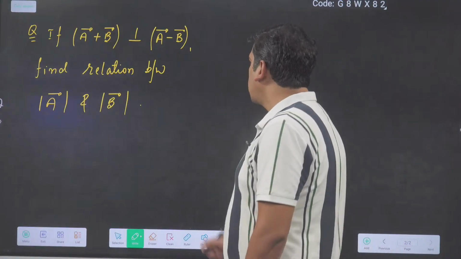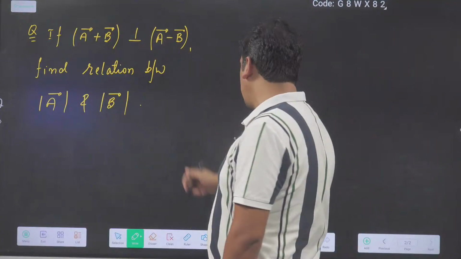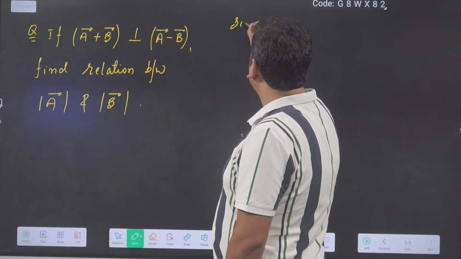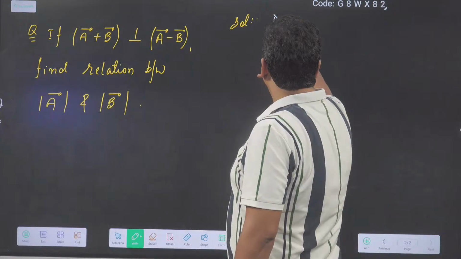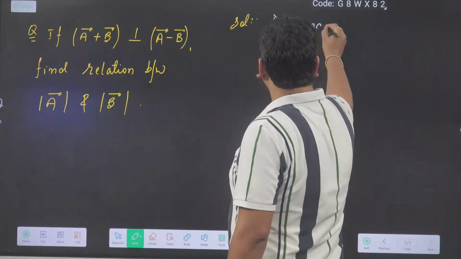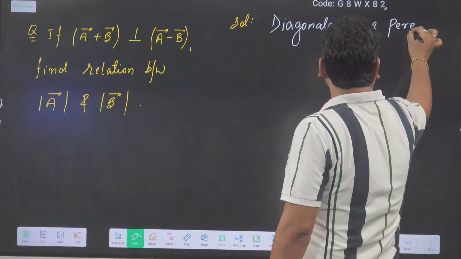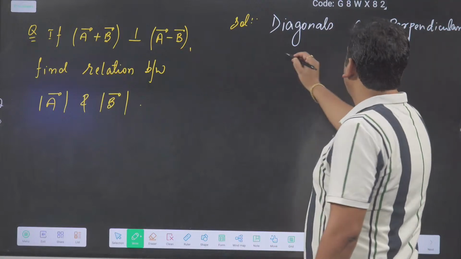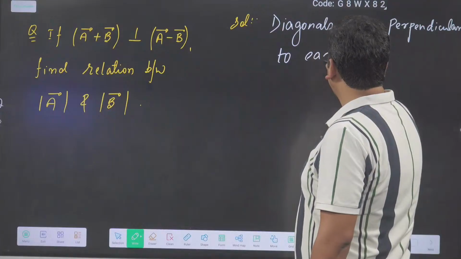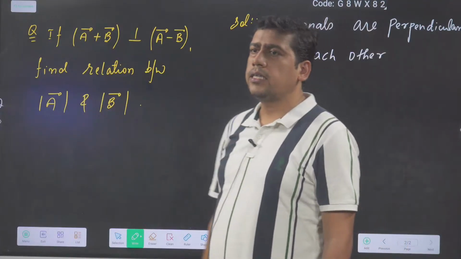Good. The logic is key here: they are saying this is perpendicular to this one. That means the diagonals are perpendicular to each other. Now the question is, in which case are they perpendicular to each other?